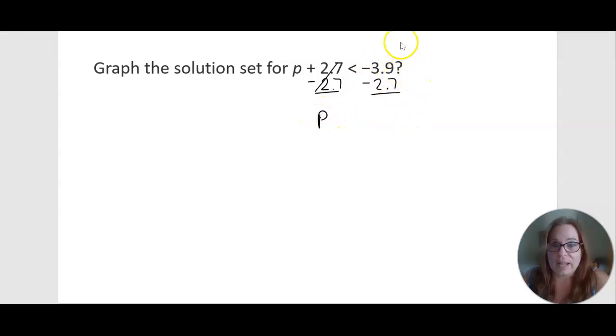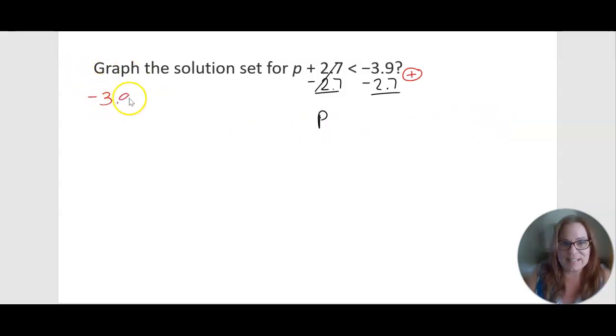On the other side, I have negative 3.9 minus 2.7. Remember, that is the same thing as adding a negative 2.7, right? I'm just going to take a minute and talk about this. So negative 3.9 minus 2.7 is the same thing as negative 3.9 plus a negative 2.7.